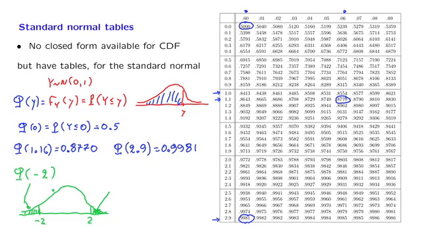It's 1, which is the overall area under the curve, minus the area under the curve when you go up to the value of 2. So this quantity is going to be the same as phi of minus 2. And this one we can now get from the tables. It's 1 minus, let us see, 2 is here. It's 1 minus 0.9772.